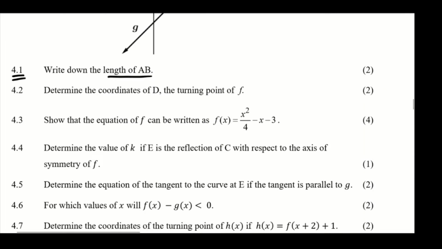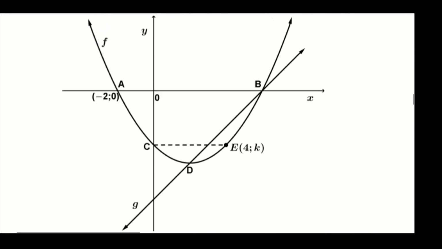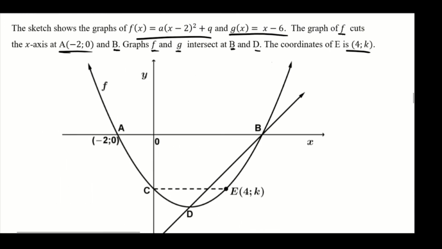So now we're going to do 4.2. We are asked to find the coordinates of D, the turning point of f, right? So if we go back to this diagram here, and the equation of f, we are given the equation of f of x, which is this one here, and what we can tell is the x value of the turning point.